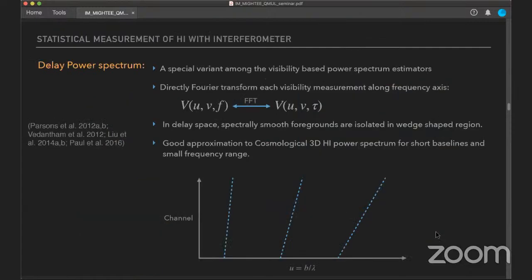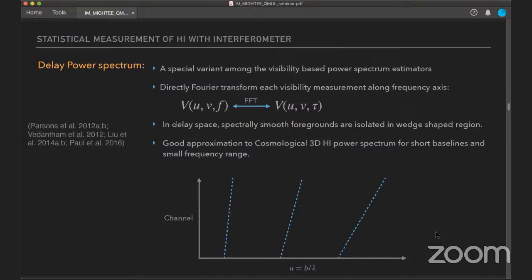And since we are talking about the statistical measurement of the H1, there are various ways to calculate the power spectrum from the interferometric measurements. The one that we have done here in the simulation is called the delay power spectrum methodology.